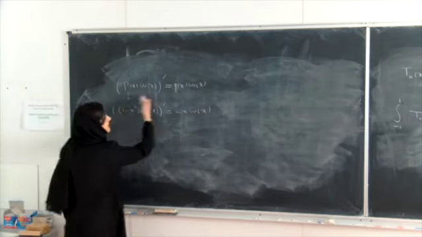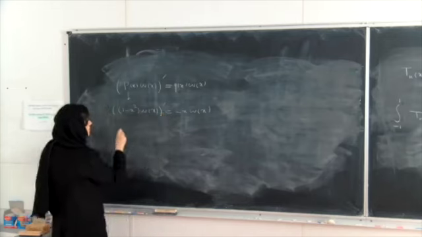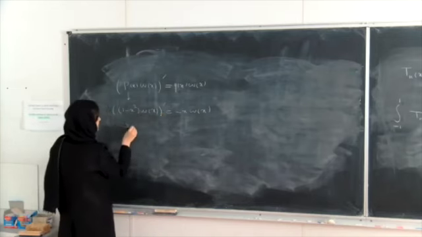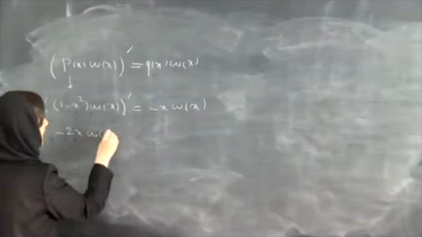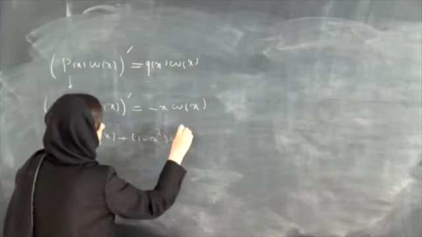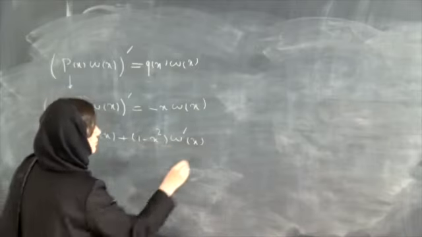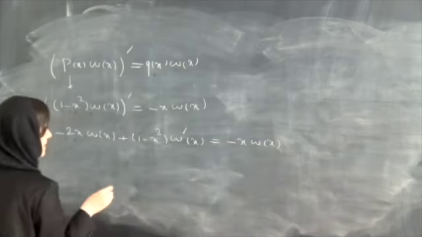We have this differential equation, and it is simple to show that minus 2x times w(x) plus the derivative of w is equal to minus x w(x).